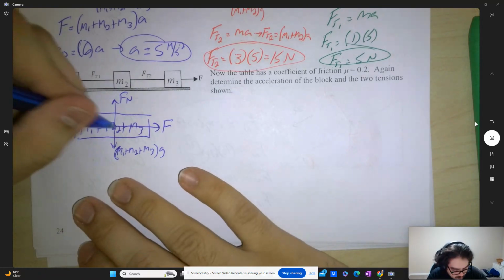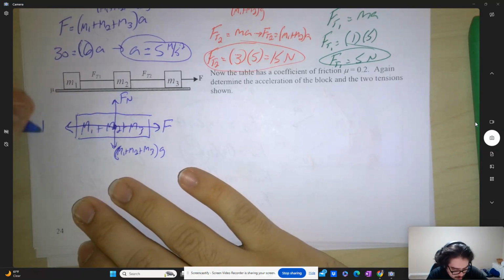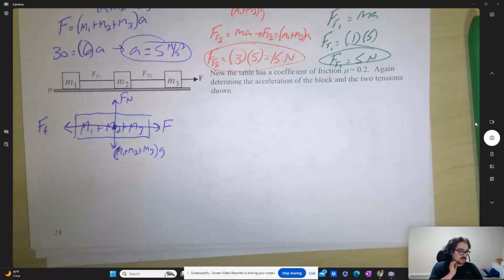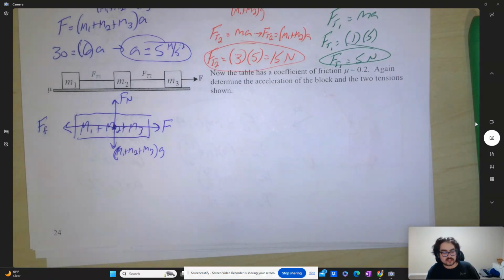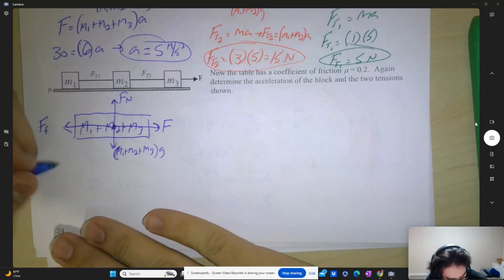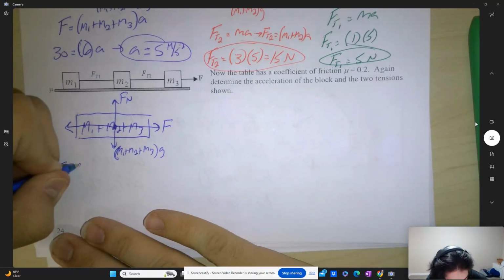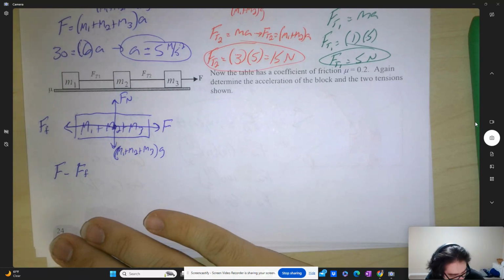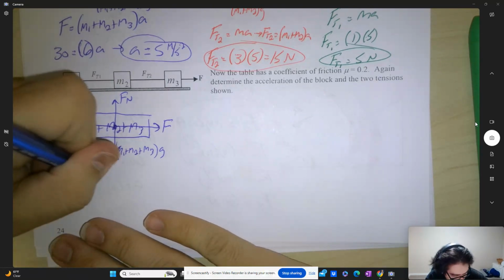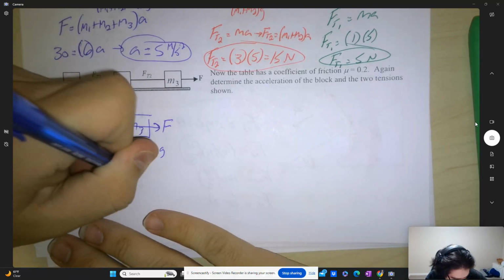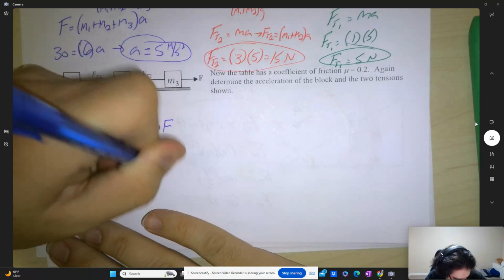And then you now have friction pulling back on it. And the force of friction is actually going to change because the normal force is going to change, right? So what we would do is we could take F minus the force of friction, set that equal to (m1 plus m2 plus m3)a.